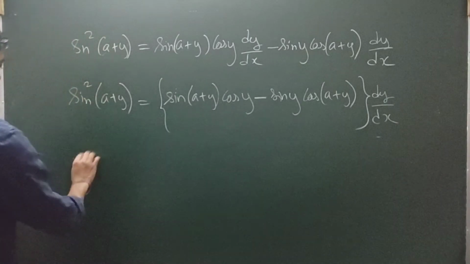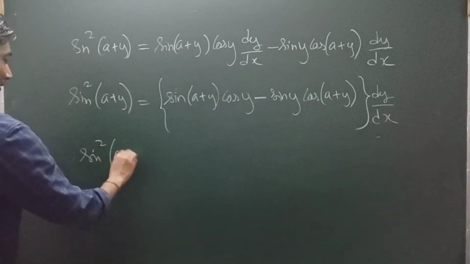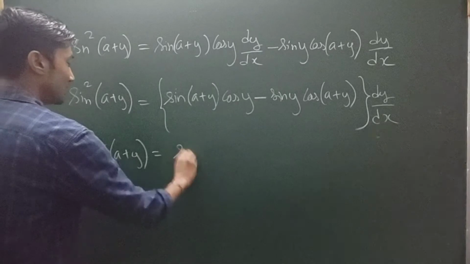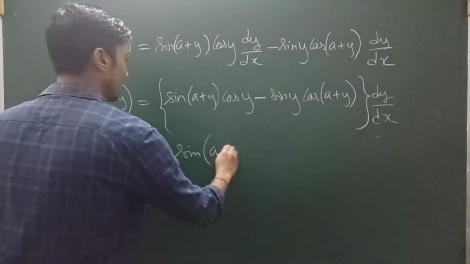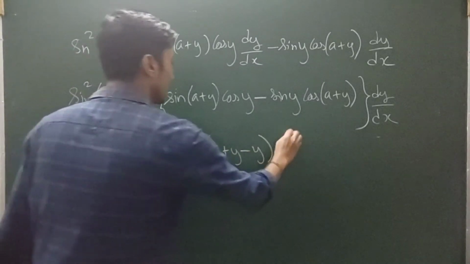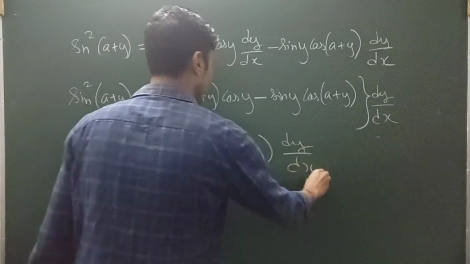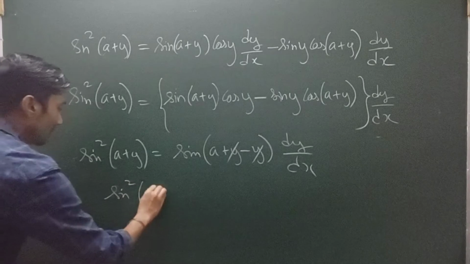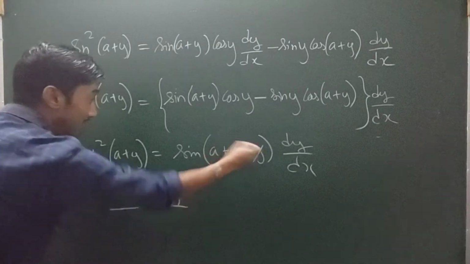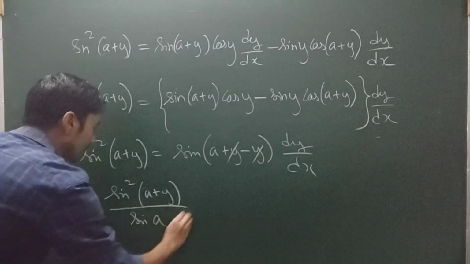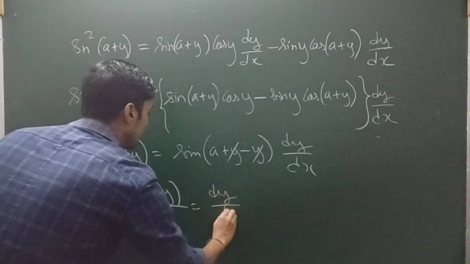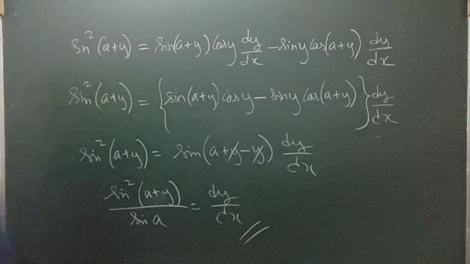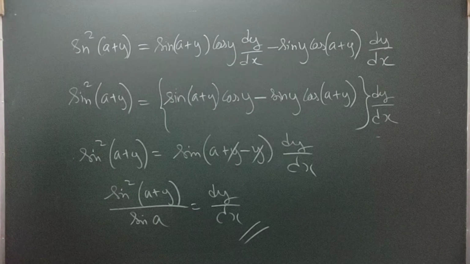So sine square of a plus y is equal to, this can be written as sine of a minus b, dy by dx. Y cancels, so I'm going to do it directly. Sine of a plus y, sine a is left here, so I'm going to bring that down here. Sine y dy by dx.